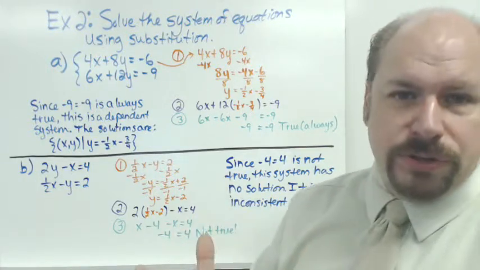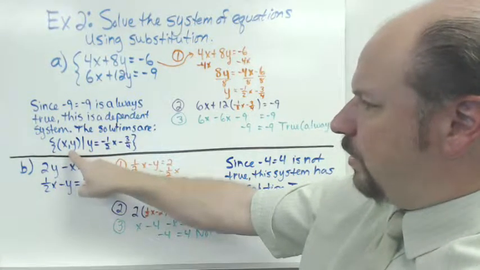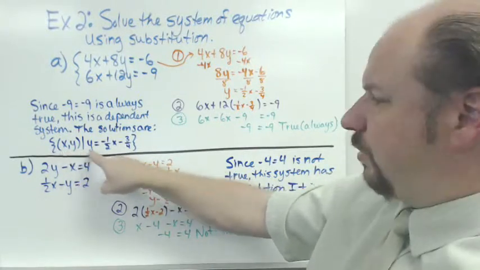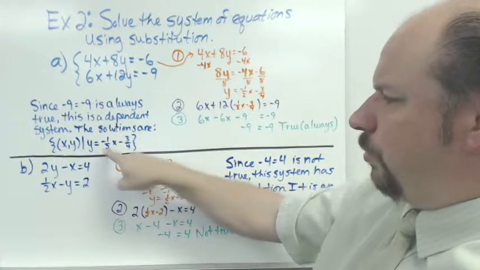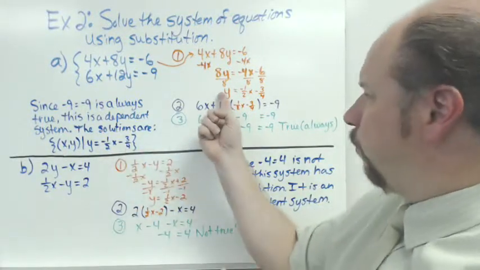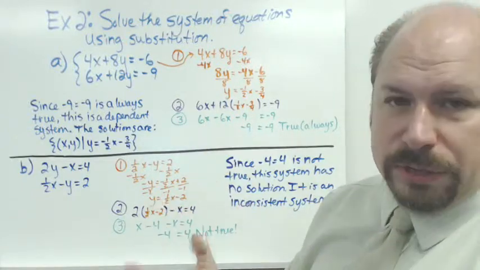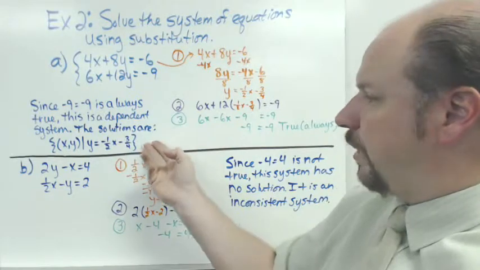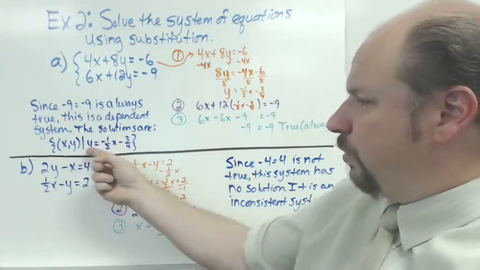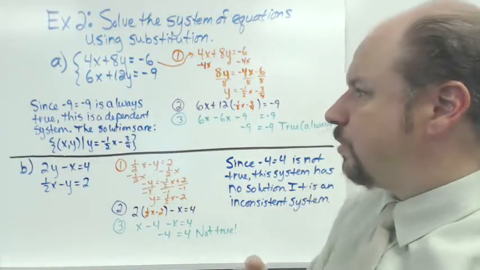So to state what our solution set is, it is the set of all points x, y, such that y is equal to negative 1/2 x minus 3/4. And you might be wondering where I got that from. Well, I got that from right here because we put one of the equations into slope-intercept form, and that's what we need to do here, is just show all of our solutions are on this line. All the points that make up that line are the solutions.